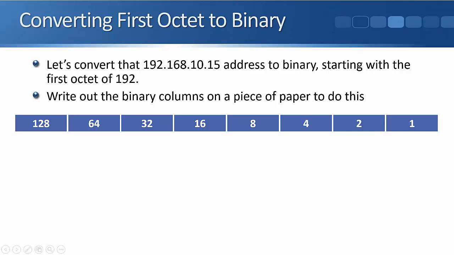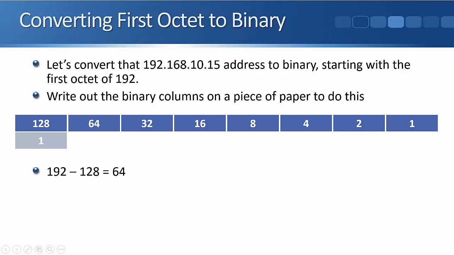So the first thing to ask is, can 128 go into 192? Or is 128 equal to or less than 192? And yes, it is. So if that's the case, we put a 1 under the 128. Then what we do is we see what we've got left. Well, 192 minus 128 is 64, so we've got 64 left.